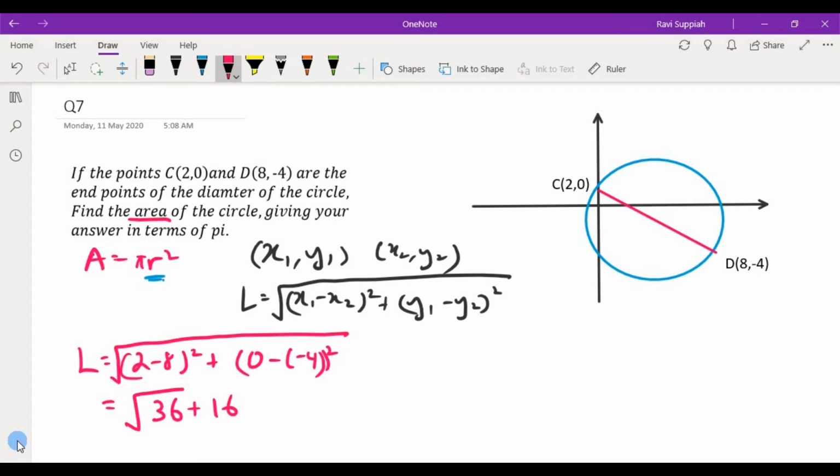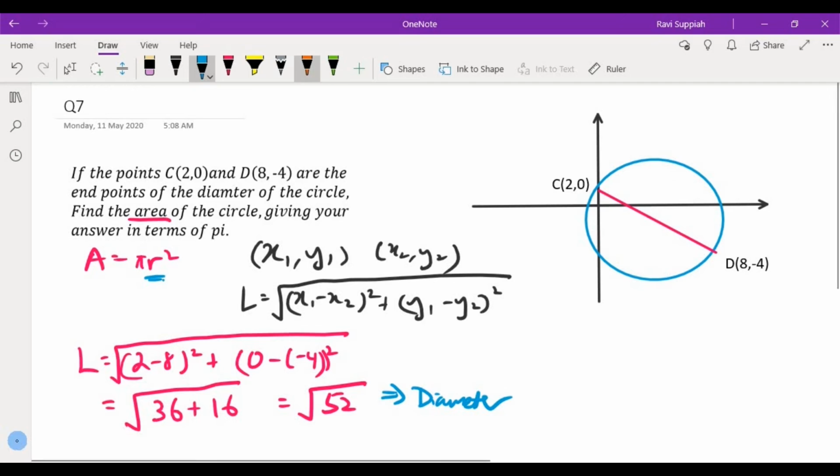So I have 36 plus 16, which is 52, square root. We can leave it as square root 52. That is the length from point C to point D, which is the diameter.